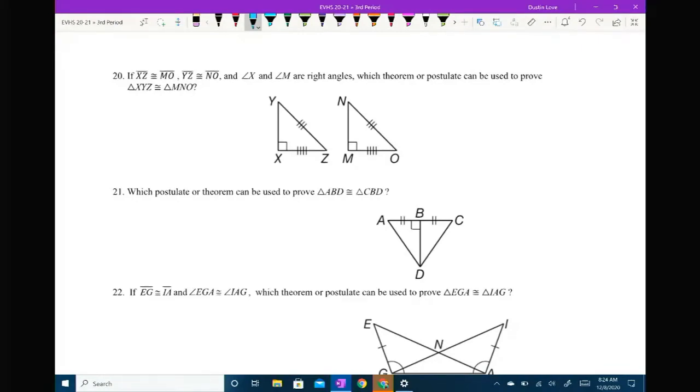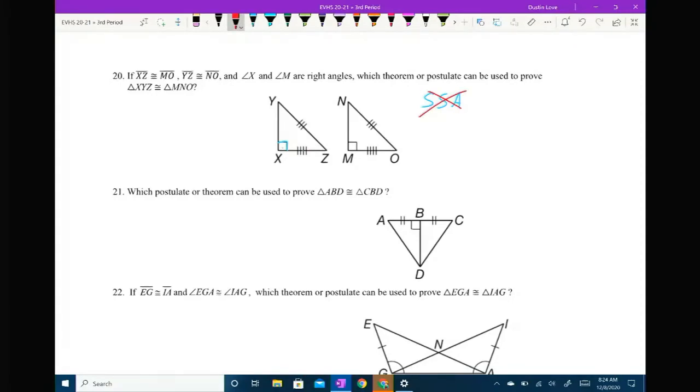Well, in this particular one, you've got a side and an angle, but this angle is the non-included angle, and so that would be technically SSA, which remember we've said SSA does not work. However, we've got the special case.